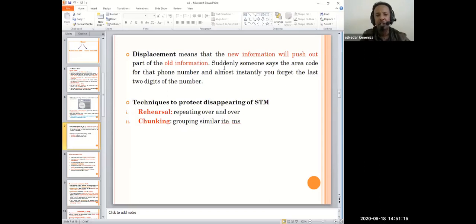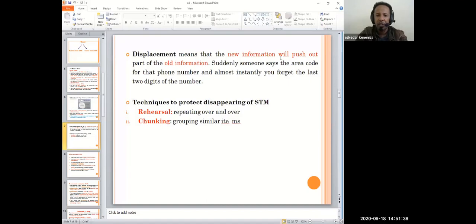If I tell you 20 names, when you start the 21st name, it will erase the first 2 or 3 names. So this is how our short-term memory functions.